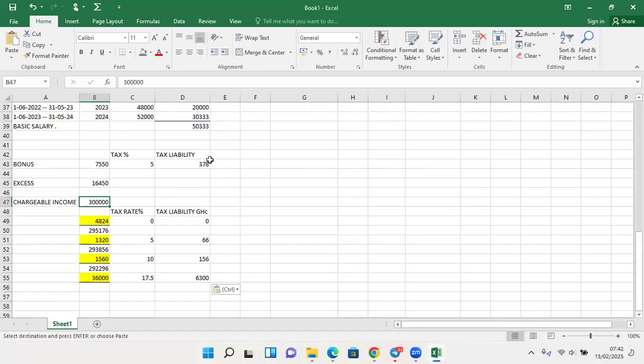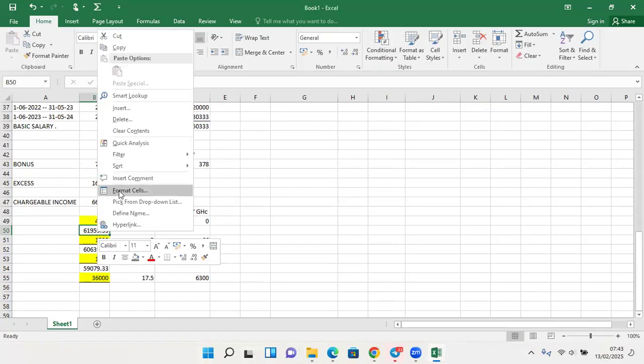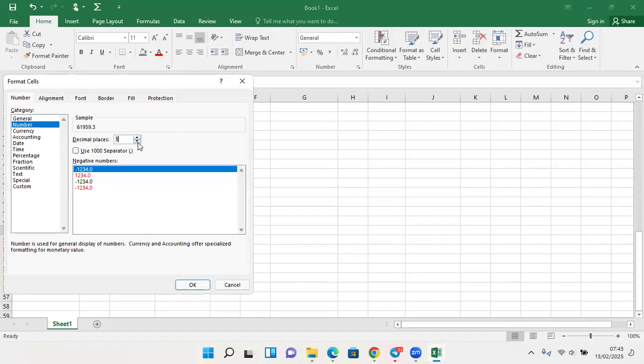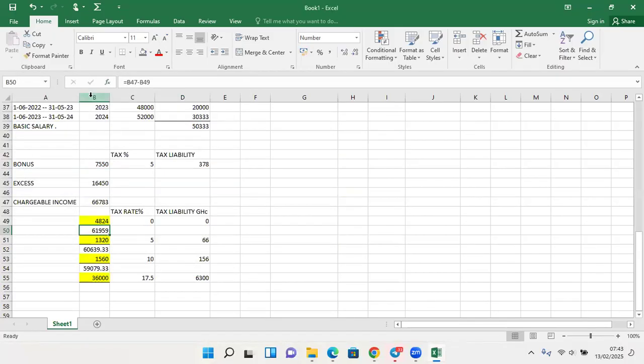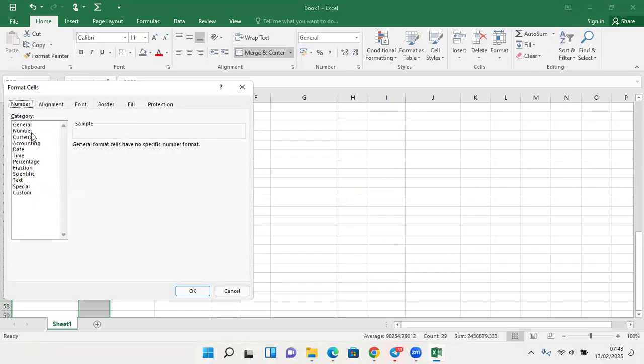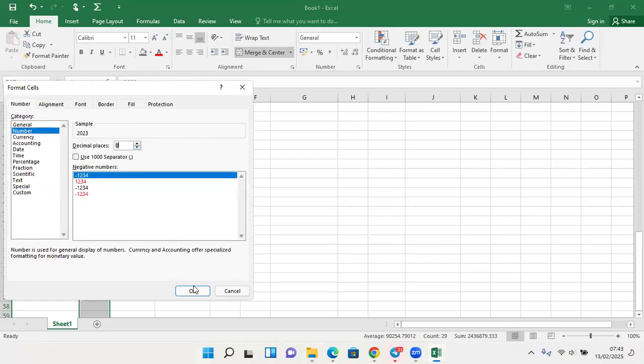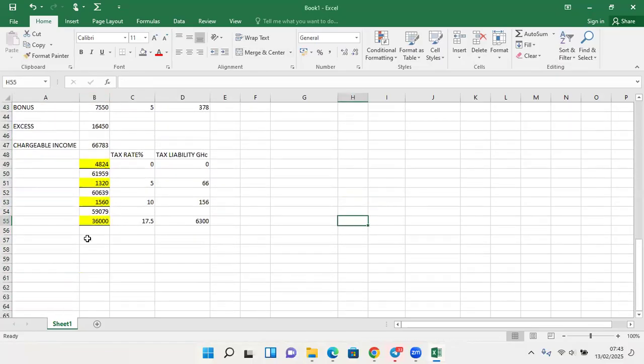Right. So here, the chargeable income is going to be equal to the normal basic salary plus the excess. That's going to be our chargeable income. That's what we are going to do. So that's what we are having here.